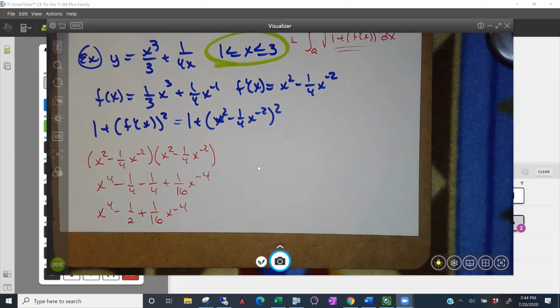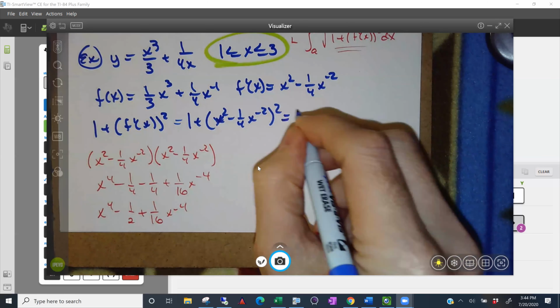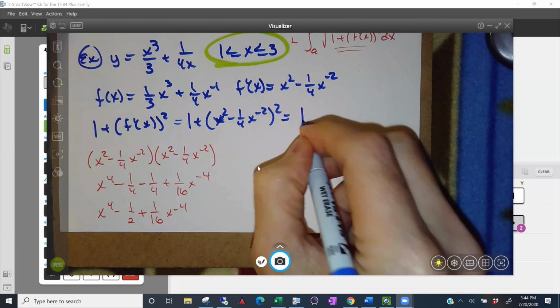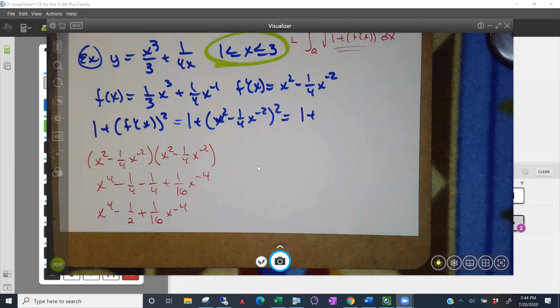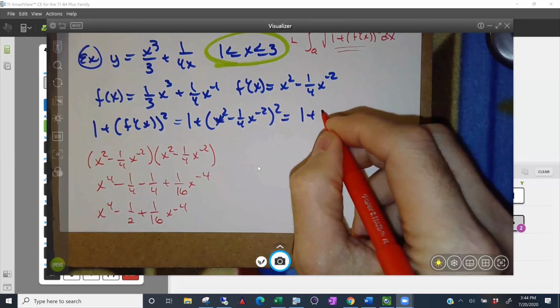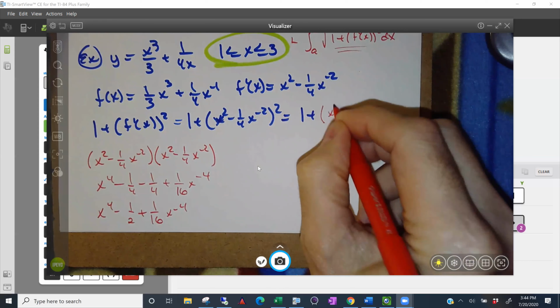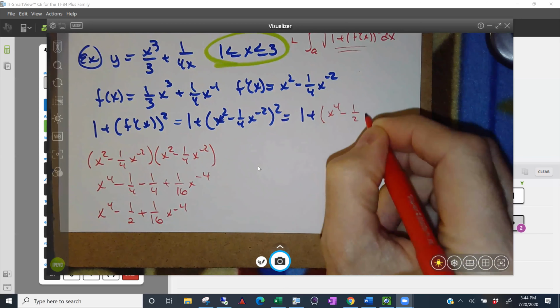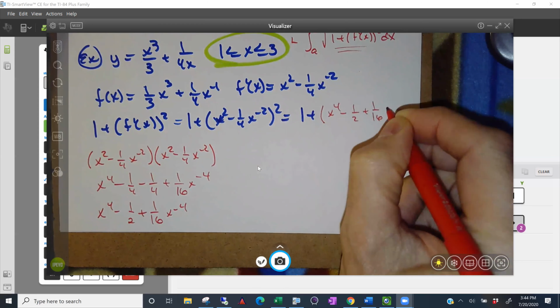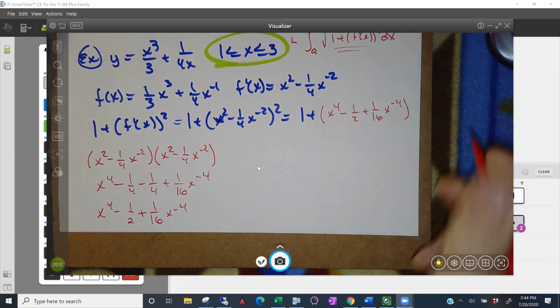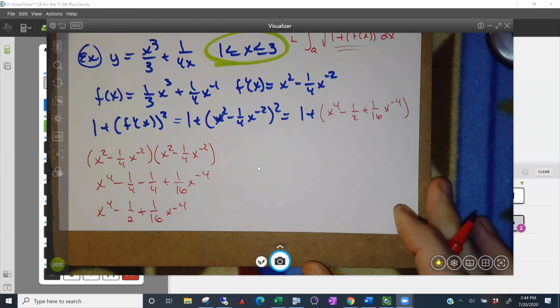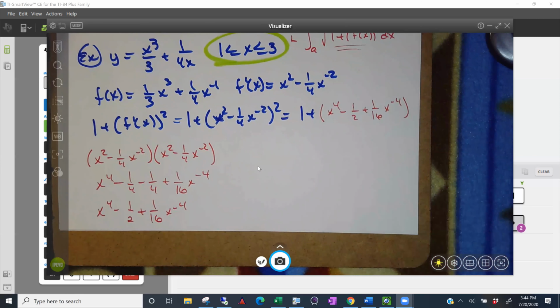A lot of work here. What that turns into then is 1 plus x to the fourth minus 1/2 plus 1/16 x to the negative fourth. Man, it's just a lot of work here, right?